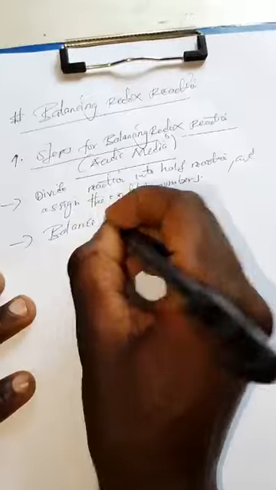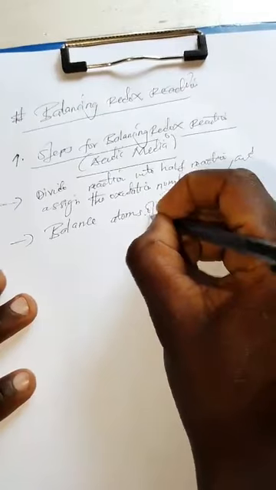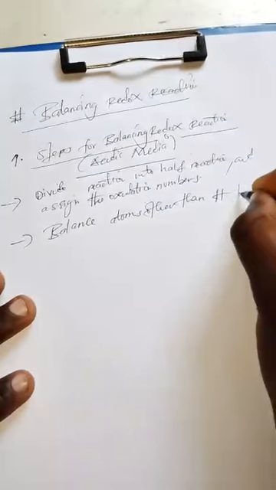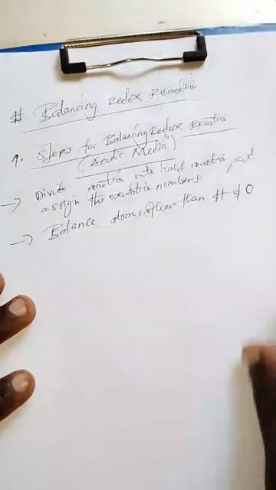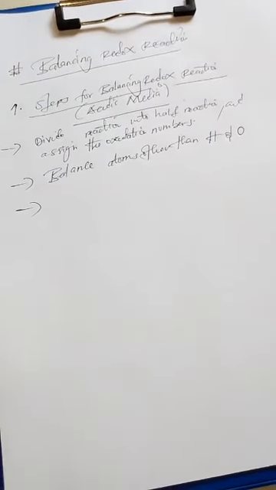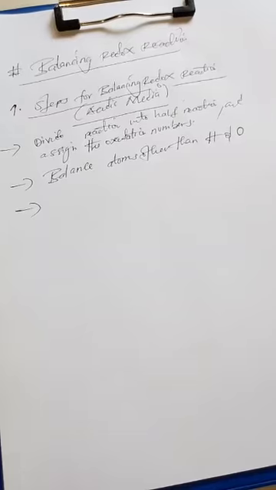Step 3, you need to balance oxygen by adding H2O, water, on the side deficient with oxygen, the side where you are lacking oxygen.